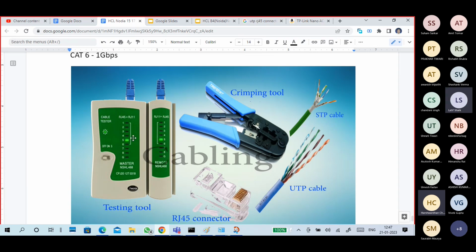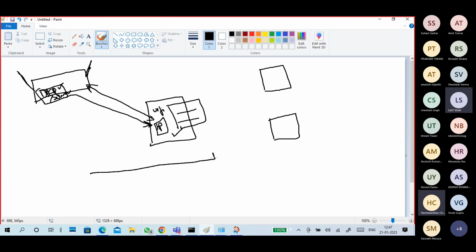So this end is there and this end is also there. Maybe at this end the cable is not properly connected, or maybe it is connected properly.